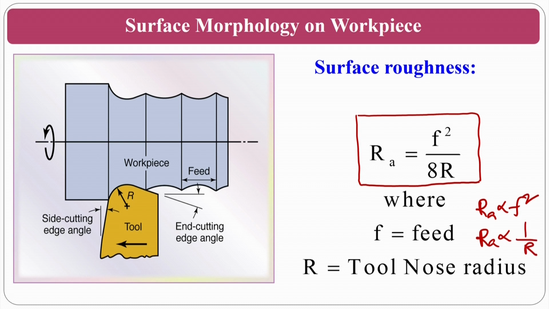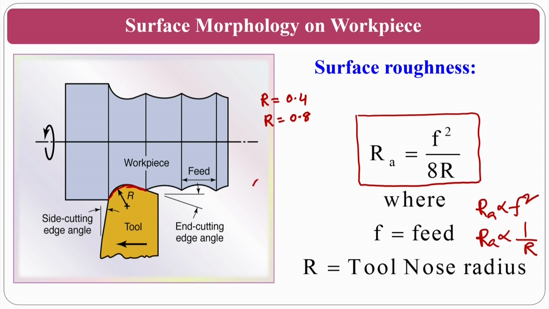How? Just now I was telling you that there are two tools whose nose radius is, one is 0.4, another one is 0.8, like TPUN 160304, 160308. Assume a tool nose radius R equivalent to 0.4 in one case, and R equivalent to 0.8 in another. This nose radius is going to replicate on my workpiece.